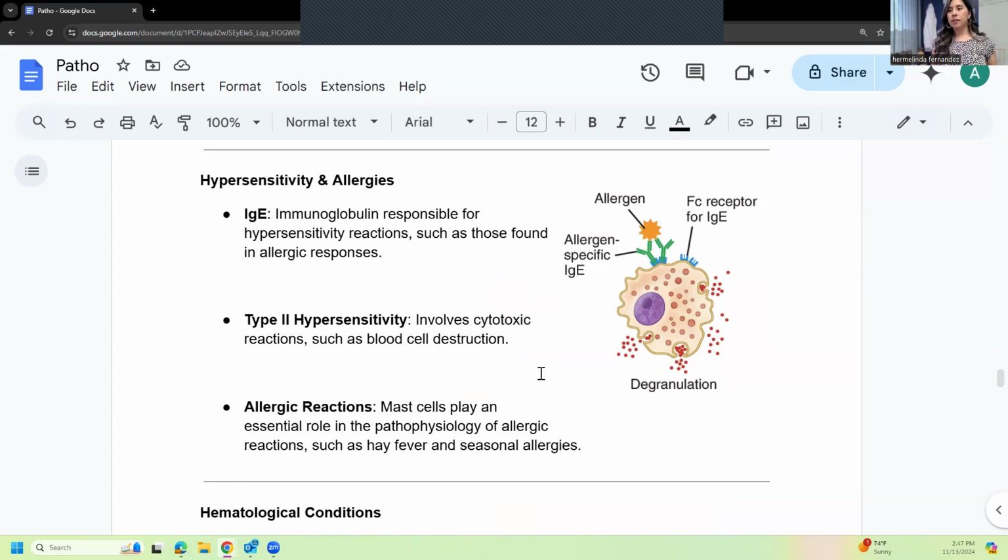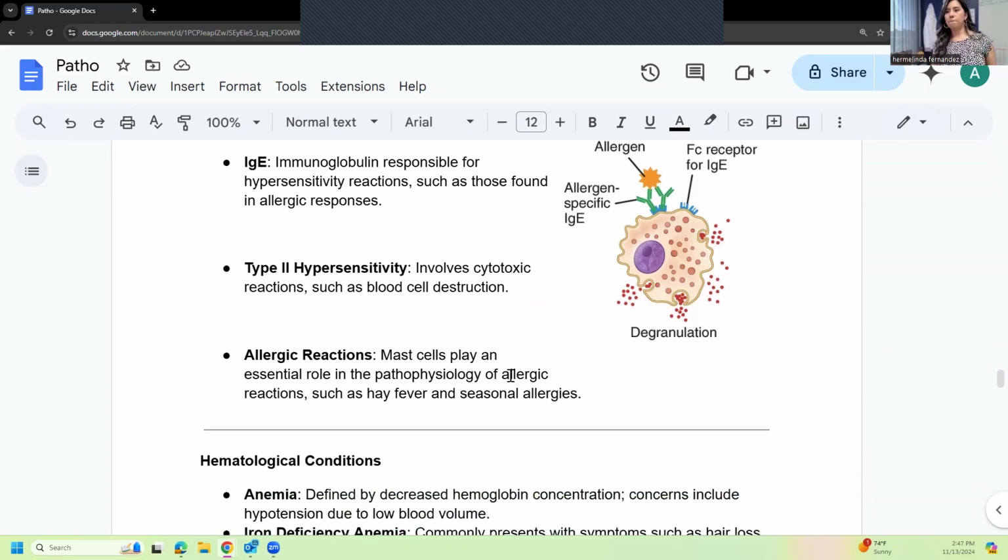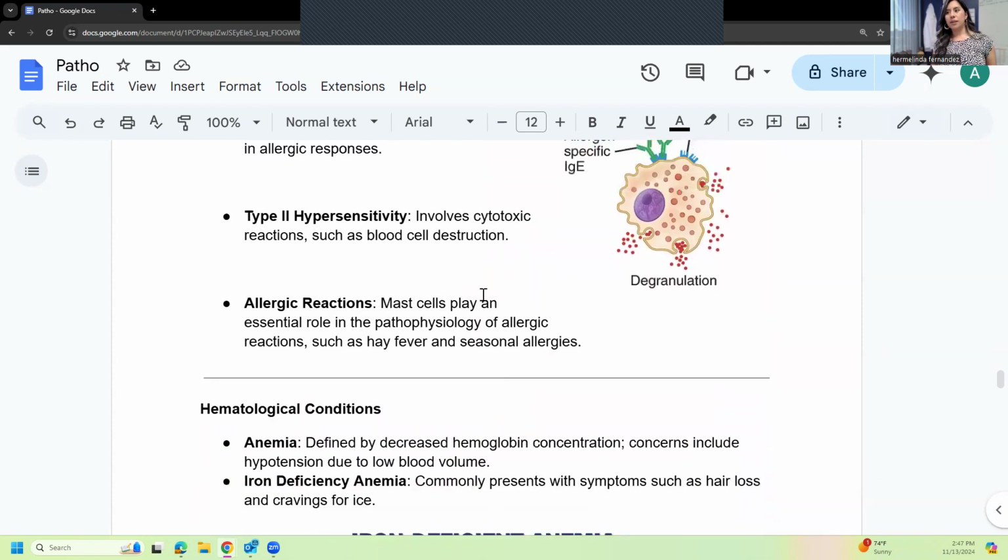Type 2 hypersensitivity involves a cytotoxic reaction, such as blood destruction, okay? And again, mast cells play a big role in the pathophysiology of allergic reactions, if you have a patient with pre-existing allergies, seasonal allergies, or hay fever.